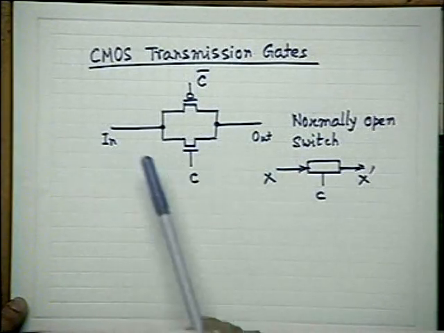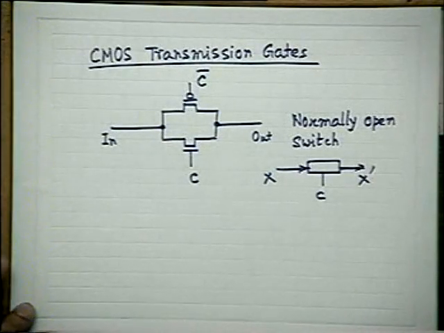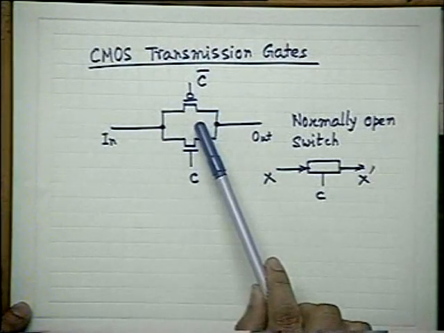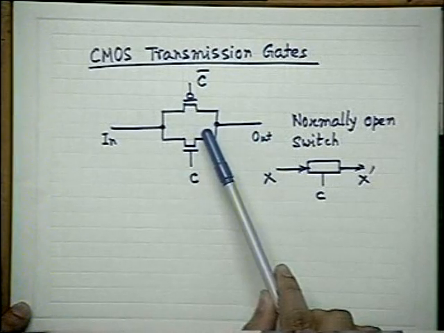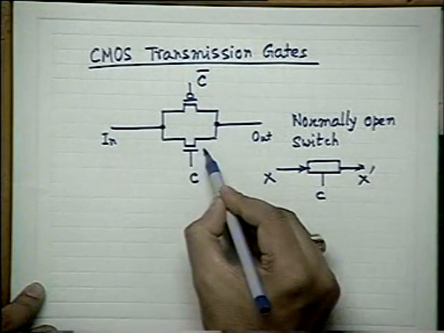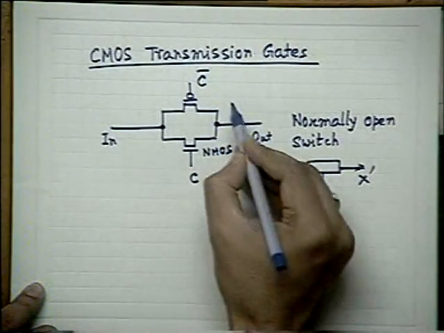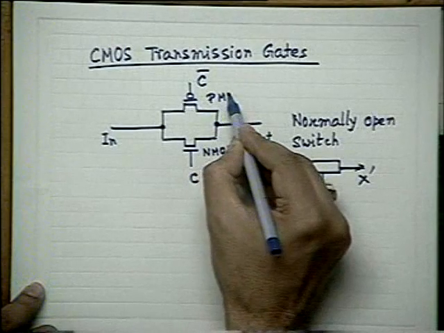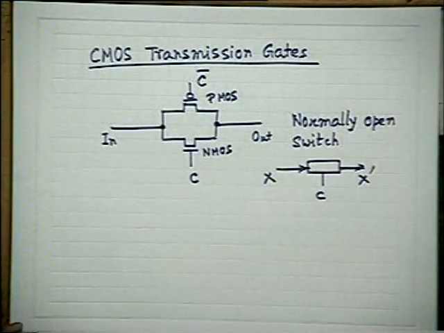Now look at this very simple circuit carefully. You'll find that there is a difference of this one with respect to the CMOS inverter. In the CMOS inverter, this is nMOS and this is PMOS. They are connected in series.